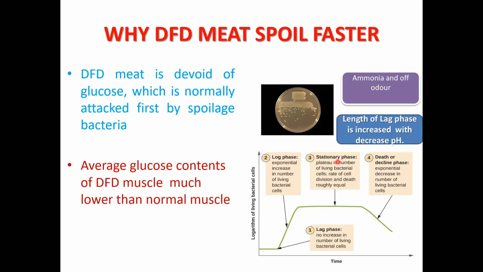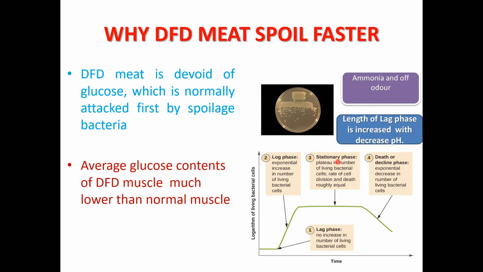So as we know, the glycogen content in the DFT meat is less. But the spoilage bacteria, especially the major aerobic spoilage bacteria, that is Pseudomonas, or anaerobic spoilage bacteria like lactic acid bacteria, will mostly first attack the glucose or the carbohydrate source.